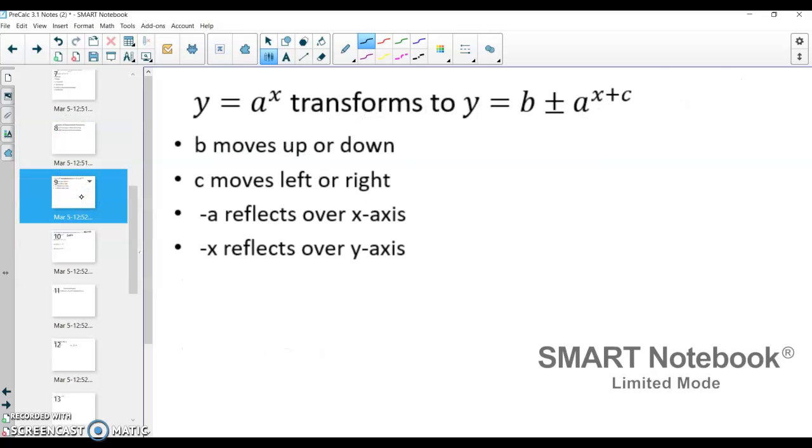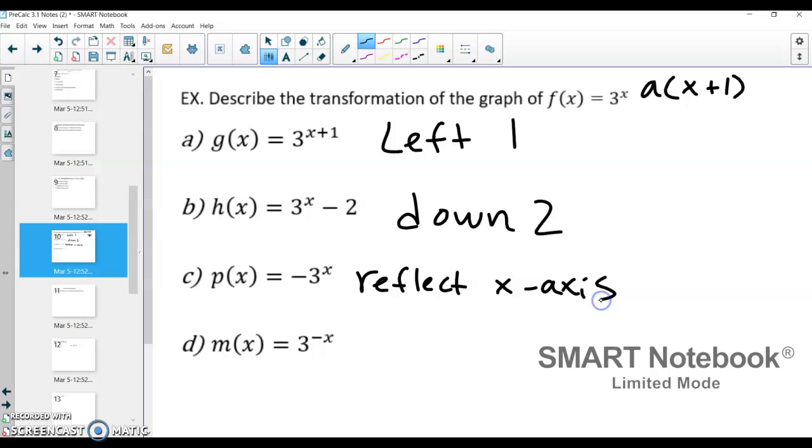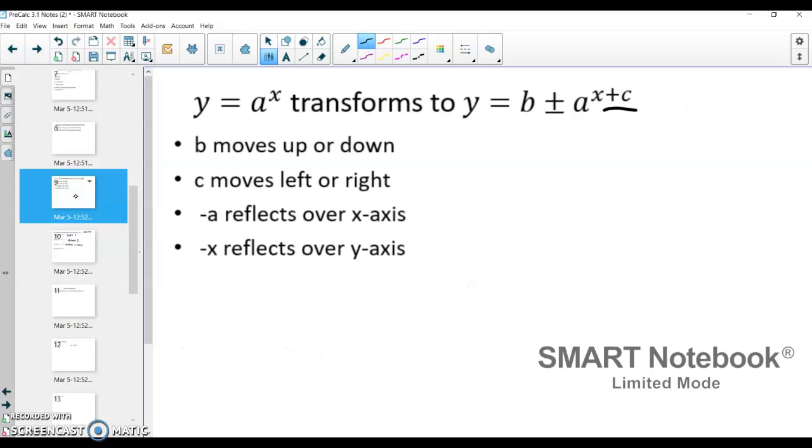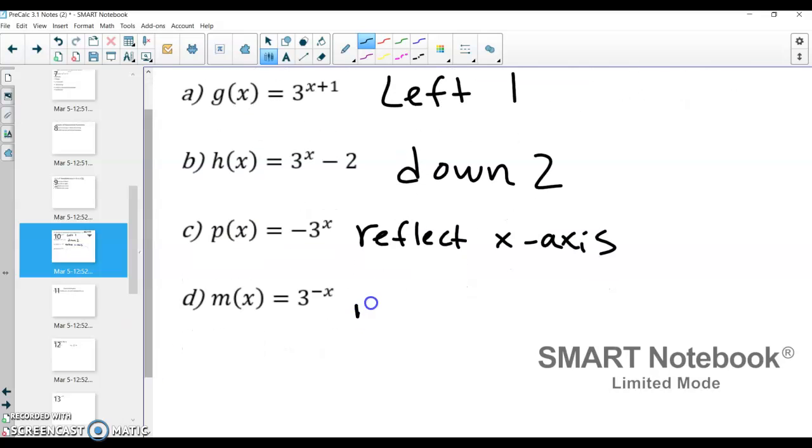When it's attached, that c here is going to move it left or right, and when it's a positive c, it moves it to the left in this case. So that's left 1. This is down 2. This is a reflect over the x-axis because we have the negative a, so we have that in that third case, and then we have a reflect over the y-axis here in the last one.